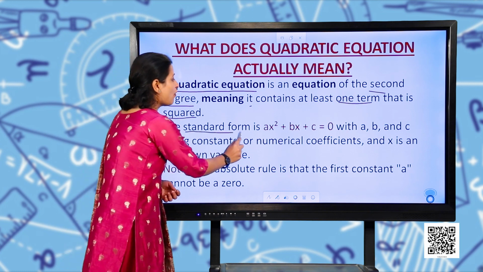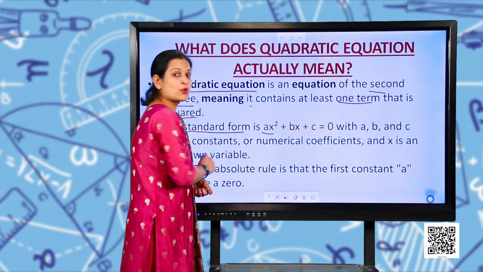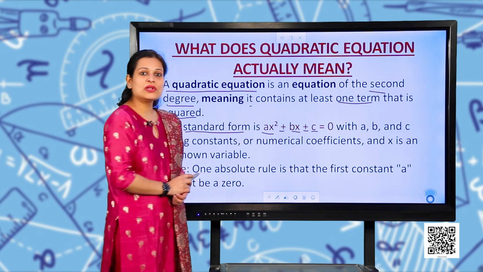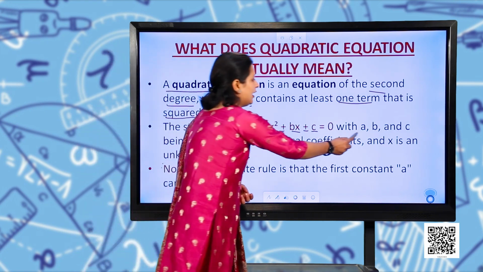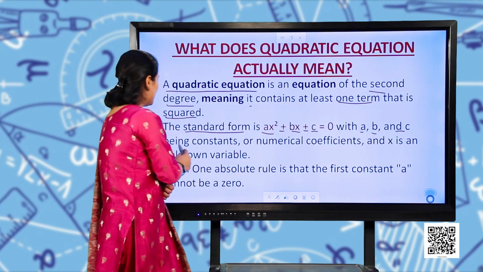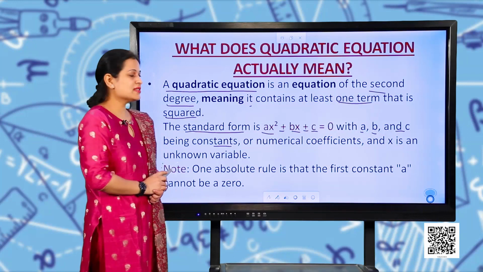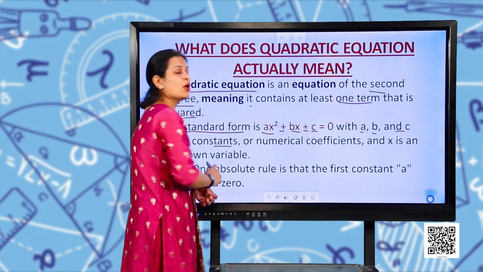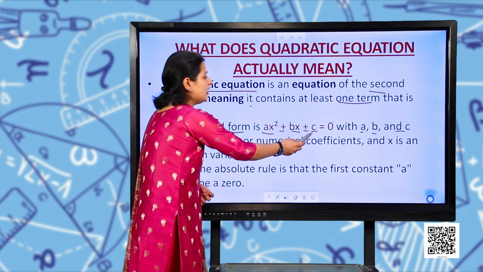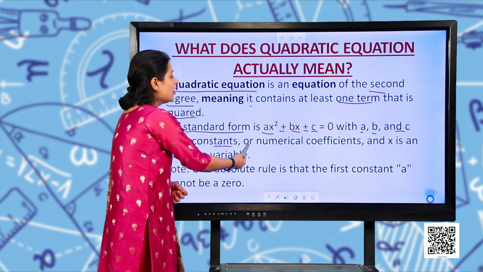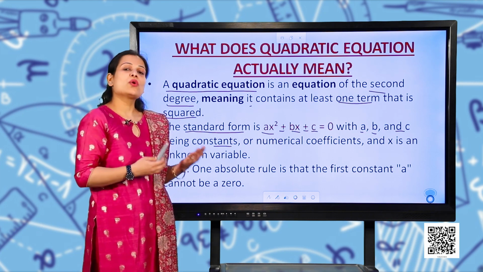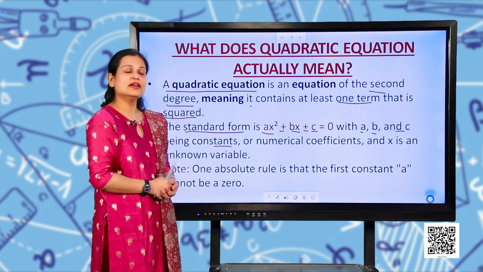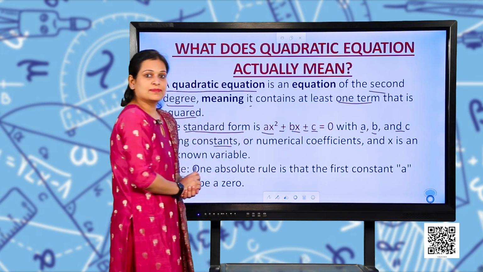So, the standard form is ax square plus bx plus c equals to 0 with a, b and c being constants, or you can say a is coefficient of x square, b is coefficient of x and c is any constant.